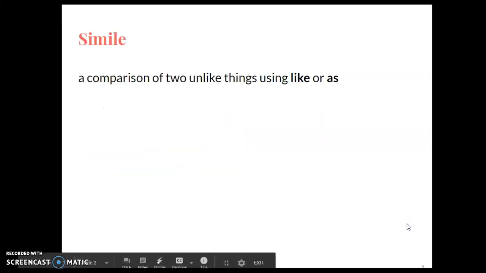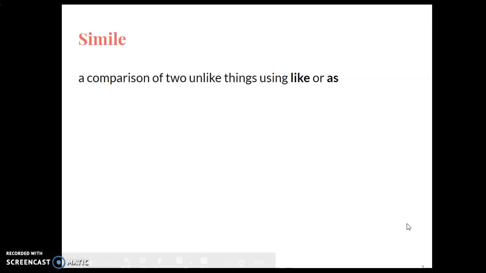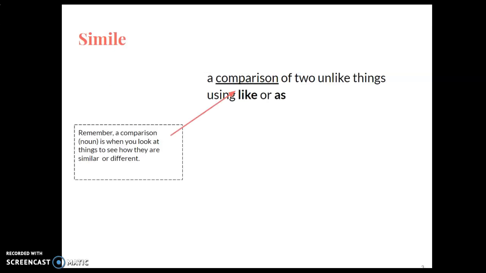A simile is a comparison of two unlike things using the words like or as. Now, sometimes we see the words like or as and we automatically assume it's a simile. Please remember that it has to also compare two unlike things. And remember, a comparison is when you look at things to see how they are similar or different.